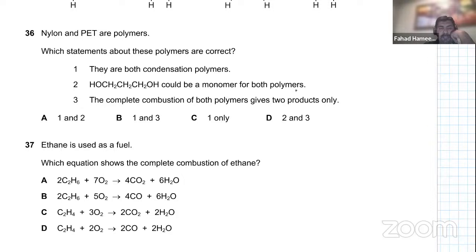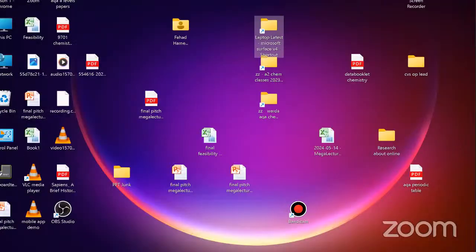So nylon and PET are polymers. Which statements about these polymers are correct? Why did they give PET? One second, wait, is it in the syllabus? One only? Which one? Was it C?